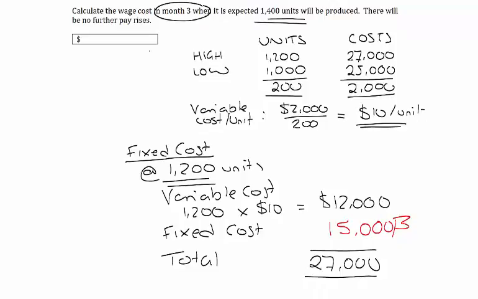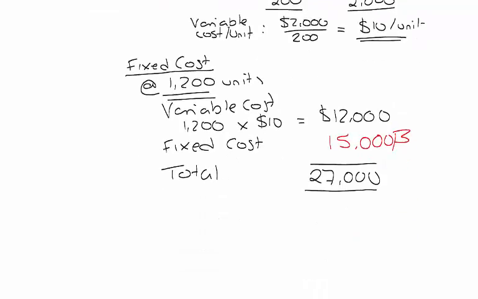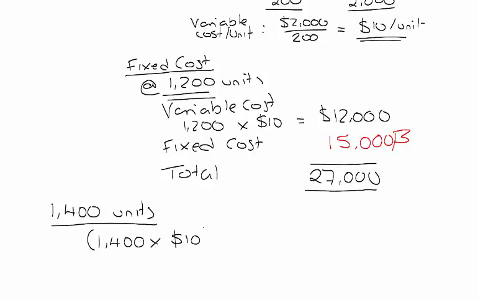Now, once you know this, we can then answer the question, which was what will the cost be in month 3 if we are making 1,400 units. And therefore, if you make 1,400 units, you are going to have variable costs of 1,400 times $10 plus your fixed costs of $15,000, which means we have a total cost of 29,000.